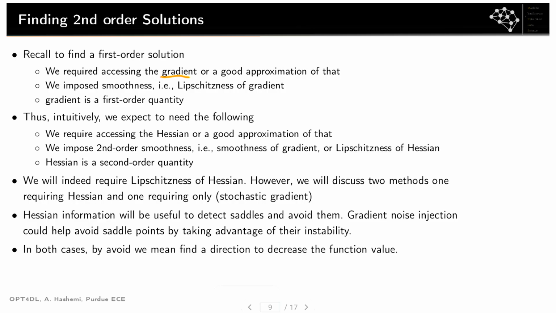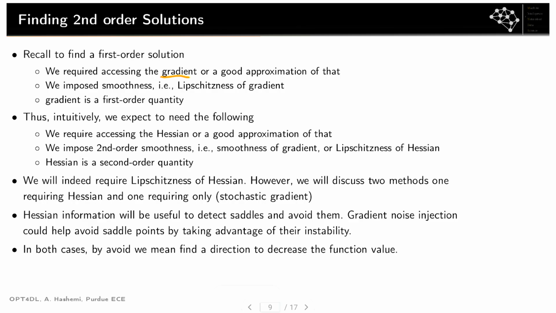The second kind of method, on the other hand, is going to intentionally inject noise into the optimization process to avoid simple saddle points. The main idea here is that saddle points, as opposed to local minima, are unstable. So if I slightly perturb my solution, I might be able to find a direction to decrease the function value. We're going to leverage this idea in our algorithm design.